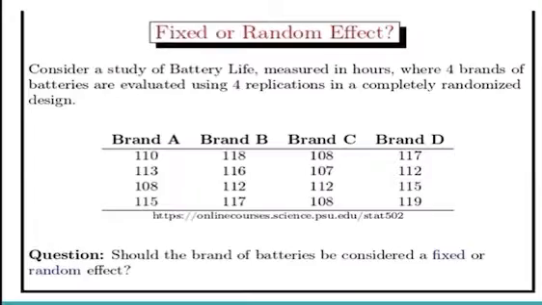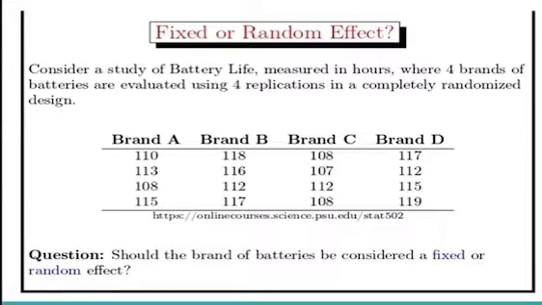Now I'm going to walk you through an example. What you're going to be seeing in this slide, we could ask you some questions. We could give you some practical scenario and ask you to identify what would be the appropriate model. Are we going to use fixed effects or a random effect? But right now, I've just explained what the difference is between a fixed effect model and a random effect model.